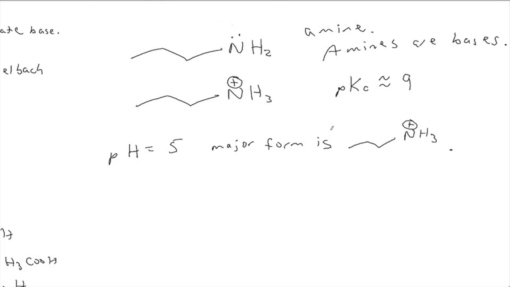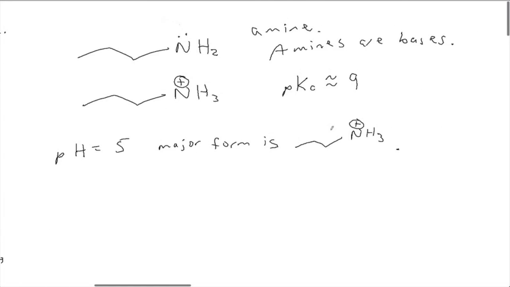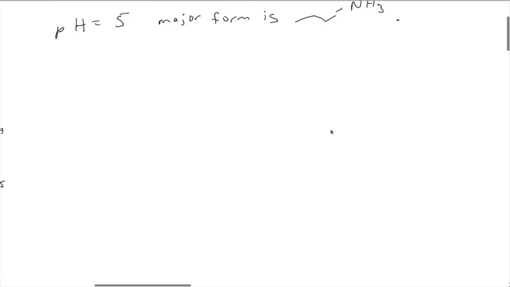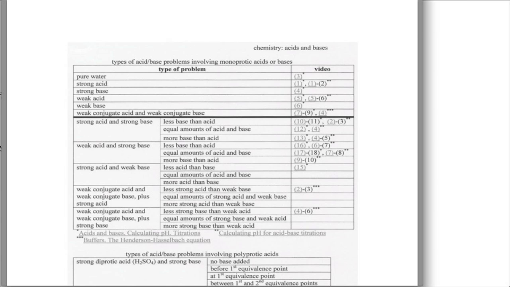Okay. All right. Well, there's more to say about acids and bases, but we won't want to spend more time on this. Let's move on to the amino acid type material. But just to remind you again, we've gone over this handout. You should go back into the tutoring notes and make sure you know how to do each of these types. Find how we find the pH of pure water, find an example where we found the pH of a strong acid, of a strong base, and of a weak acid.